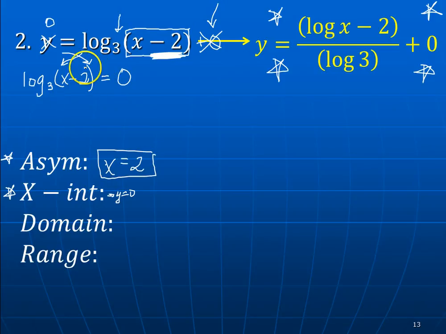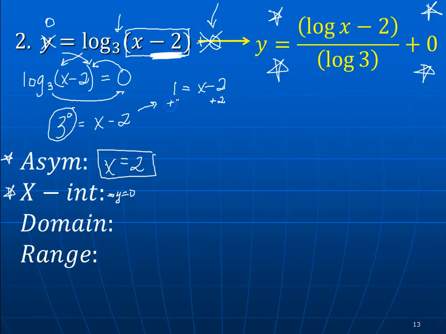So since I can't get inside these parentheses, I got to do my circle. 3 to a power of 0 equals x minus 2. Now that I've gotten inside of here and I got rid of the log by doing my circle, now changed into exponents, now I can solve. 3 to a power of 0. Remember, anything to a power of 0 is 1. So 1 equals x minus 2. Last step is to add 2, so x equals 3. So my intercept, x is 3 when y was 0.